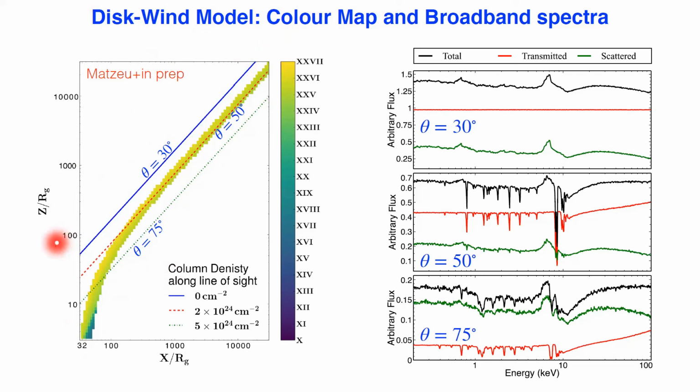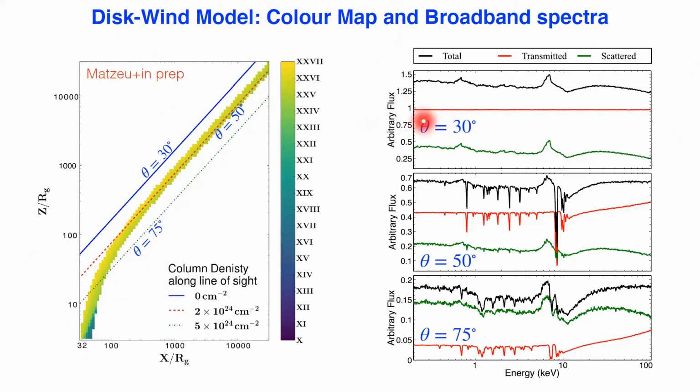If we observe above the wind, so essentially we don't observe directly into the wind, we get three different components. We get the total, the transmitted component, and the scatter component in green.